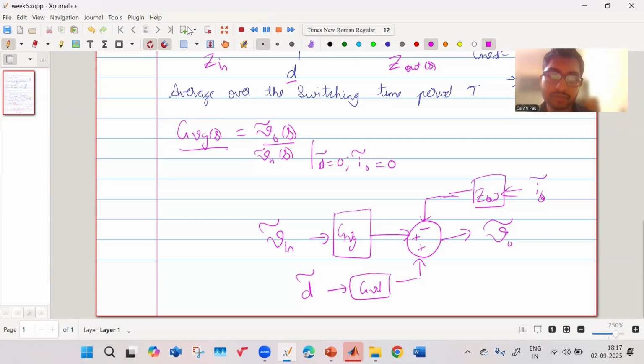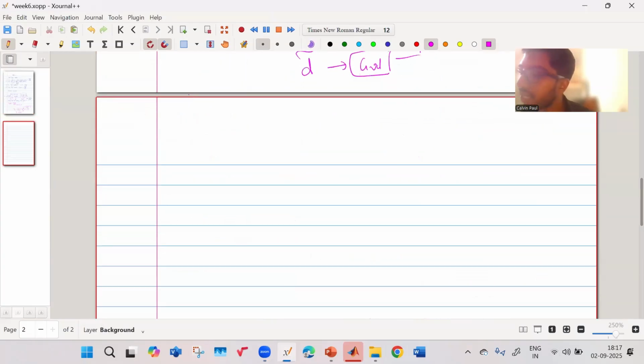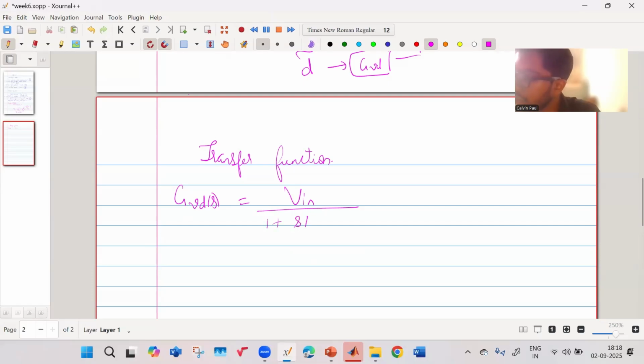Then, let us say you have found a transfer function. Your transfer function is GVD of S. In the case of a buck converter, let us say it is V in upon 1 plus SL upon R plus S square LC.